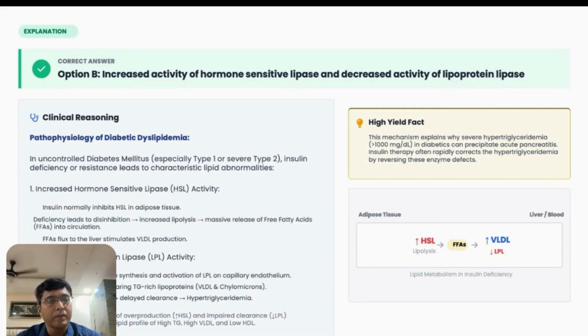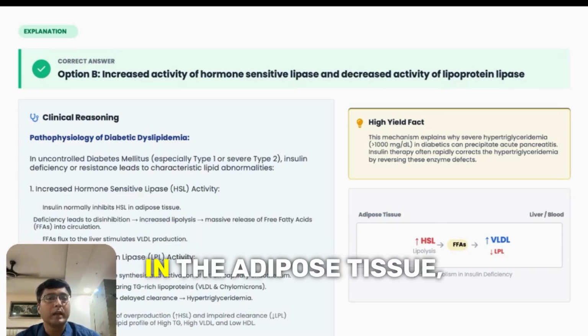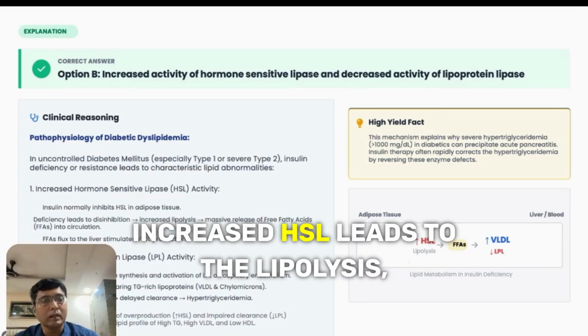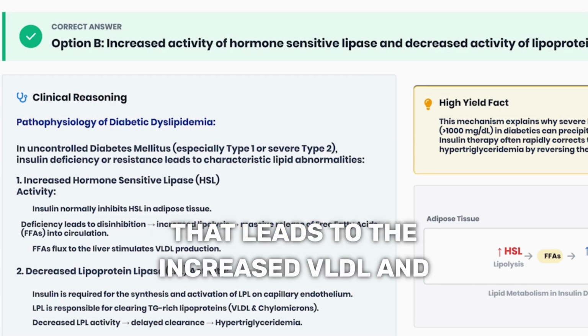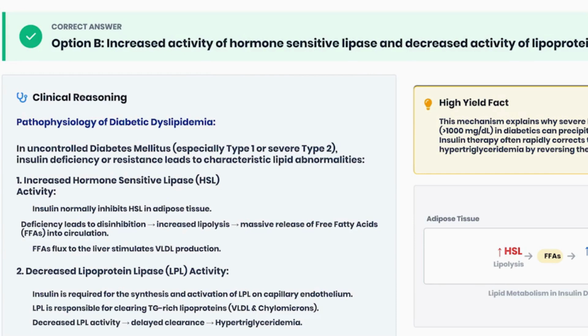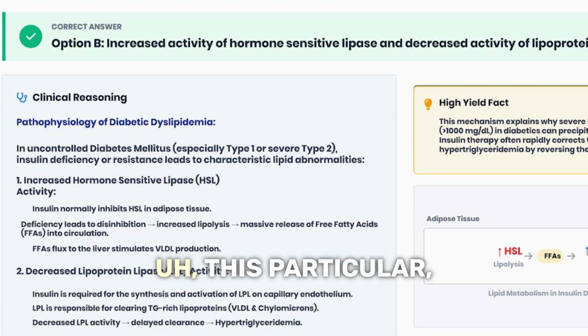Okay, so here is the bullet point. In adipose tissue, increased HSL leads to lipolysis, causing flux of free fatty acid, that leads to increased VLDL and decreased LPL. Okay, so this is all about this particular video.